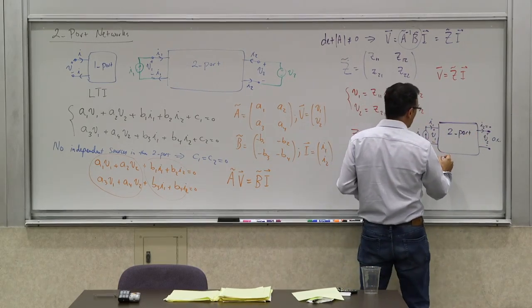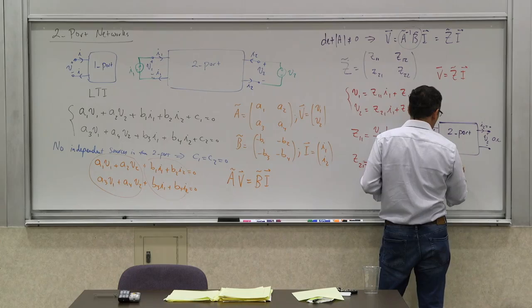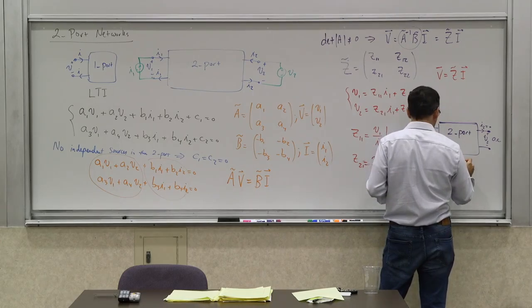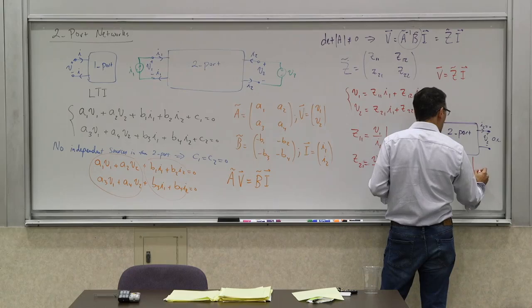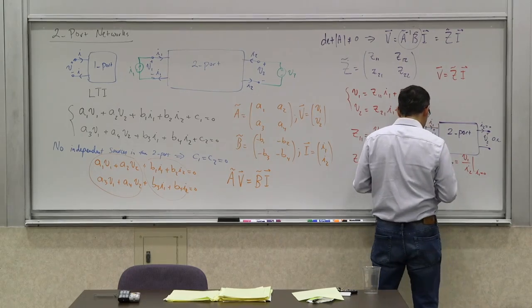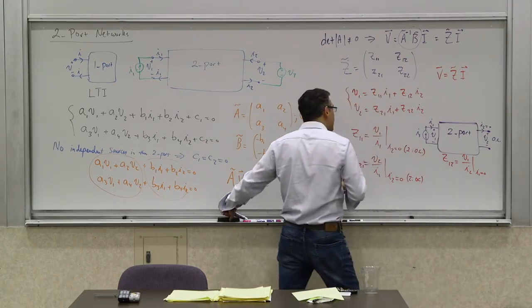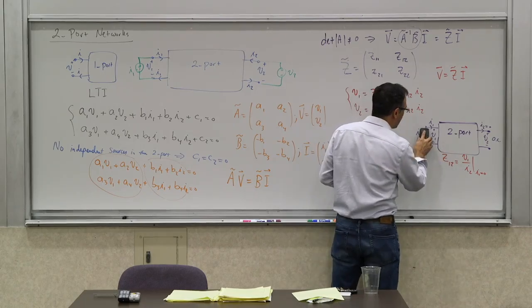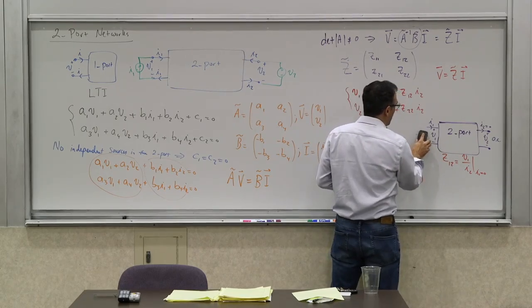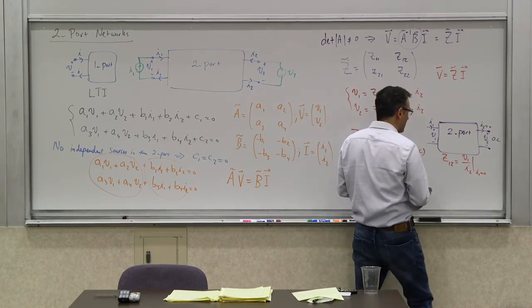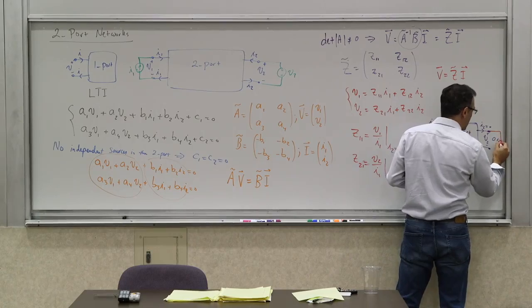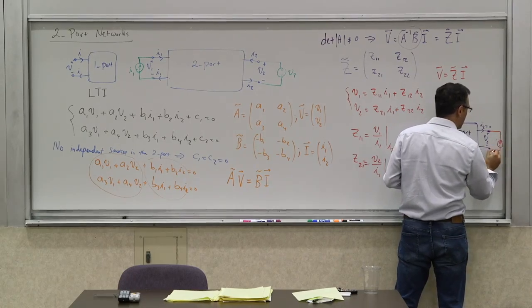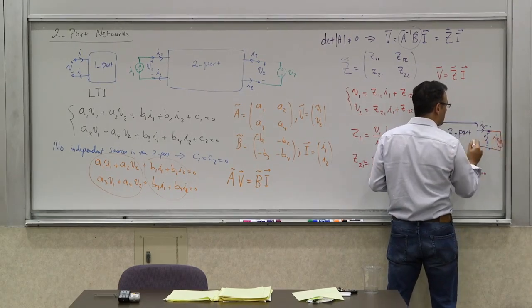So how about the other two? Well, it's going to be pretty straightforward. Z12 is going to be the ratio of V1 over I2 when I1 equals 0. So how do you do that? In this case, you're applying a current source stimulus to the second port. So your current source is sitting here, and you're applying an I2 current.